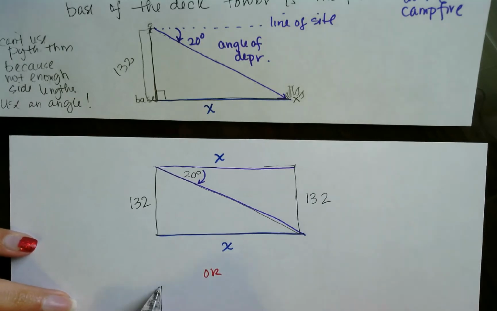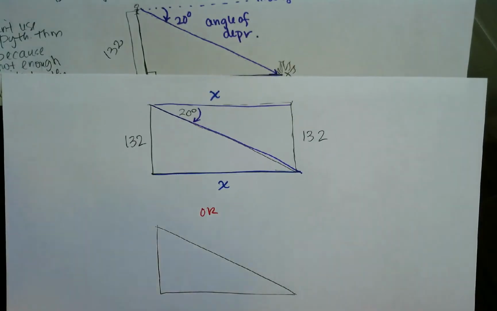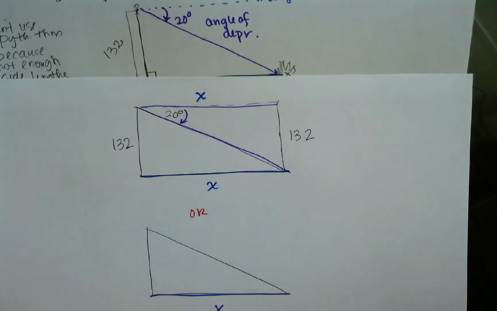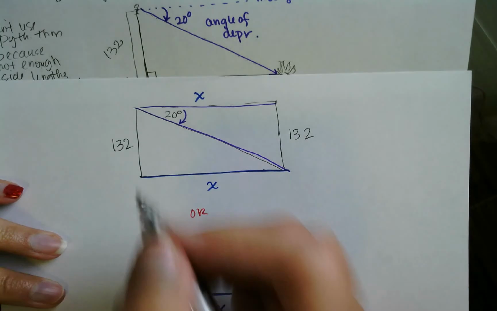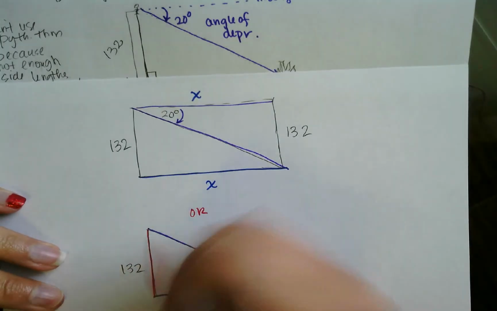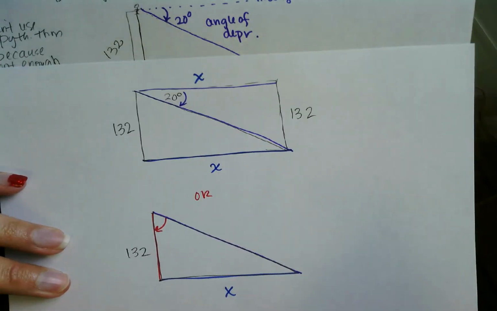Go back to our original. We got our base is what we're looking for. So our hypotenuse, which we don't know, but 132. But say I wanted to use this angle because we have this side of the tower and we have this base.